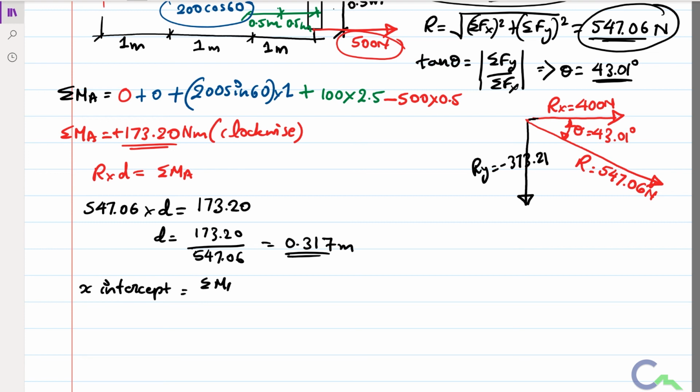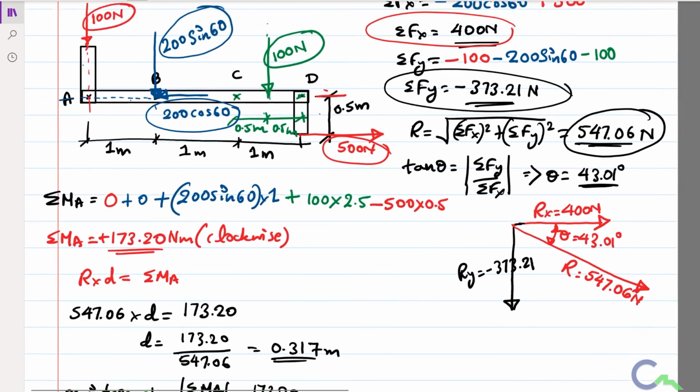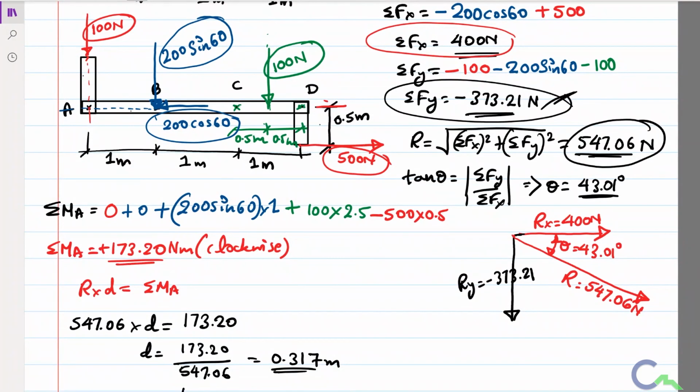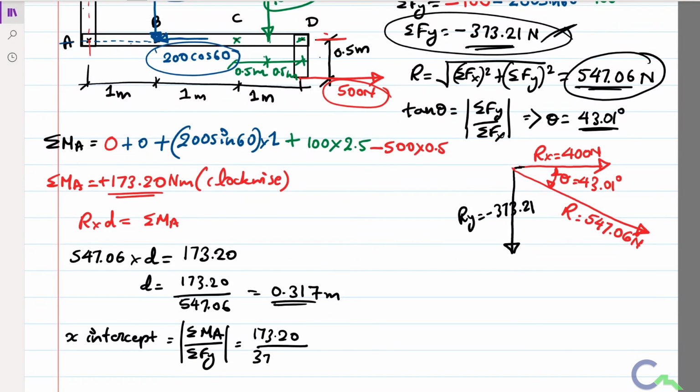So now I am going to calculate x intercept. The formula is sigma MA divided by sigma Fy, that is 173.20. Sigma Fy we got 373.21. I am taking mod because this is distance, that should be plus value. Therefore 0.464 meter.